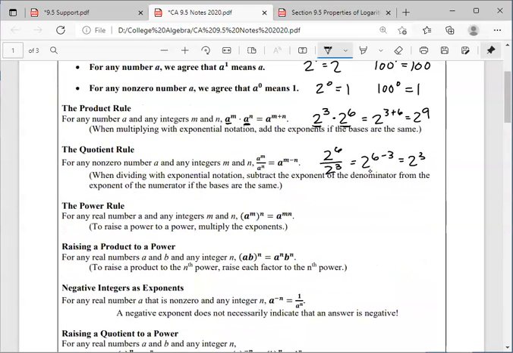The power rule: if you've got something raised to a power and then that whole thing is raised to a power, then you take these two exponents and you multiply them together. So 2 to the 3rd, squared, would be 2 to the 3rd times 2, which is 2 to the 6th. And we used the distributive property when we were describing that.